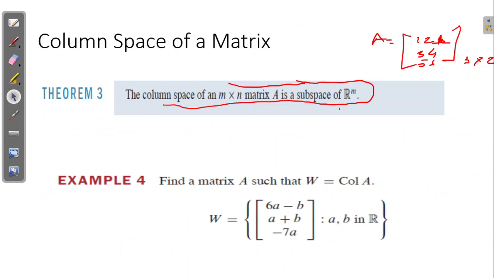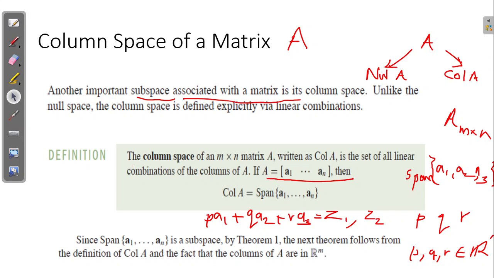The theorem states that the span of a1, a2, ..., an, where a1, a2, ..., an are vectors of Rm, so the vector space mentioned in theorem 1 will be Rm.